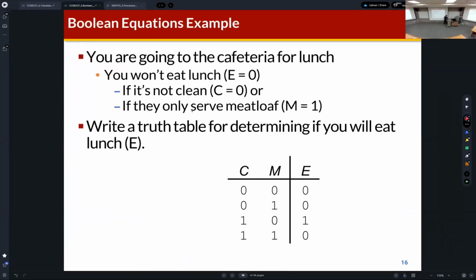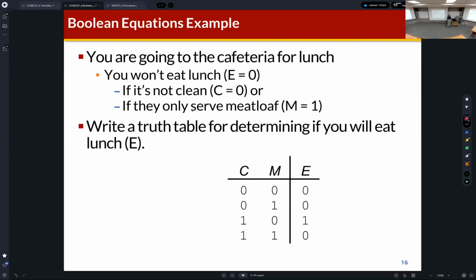Then let's think about examples of Boolean equations from the real world. As I mentioned, in the real world we just use decimal numbers, which means that we use equations that use decimal numbers.